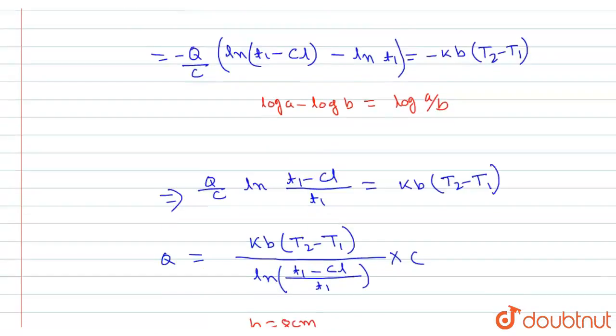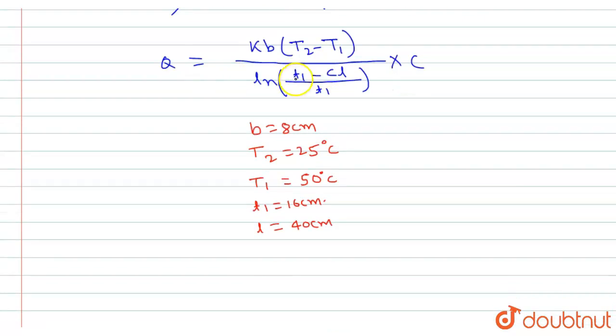Clear? Now we have to put all the values in this equation, then we can find the Q value. Now Q is equal to KB. B is 8 centimeters, so this is equal to 8 into 10 to the power minus 2, T2 minus T1, that is 25 minus 50, clear?